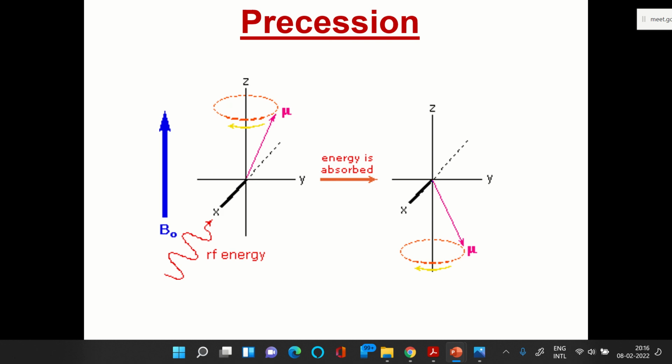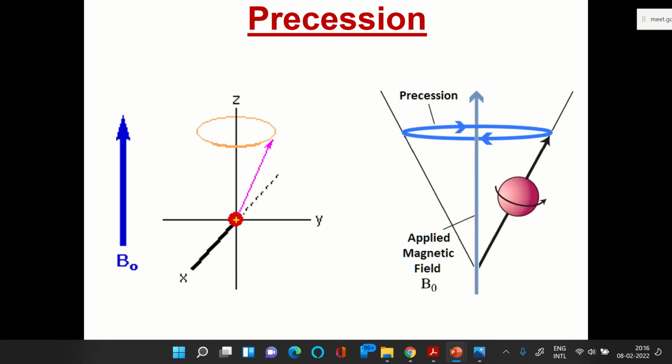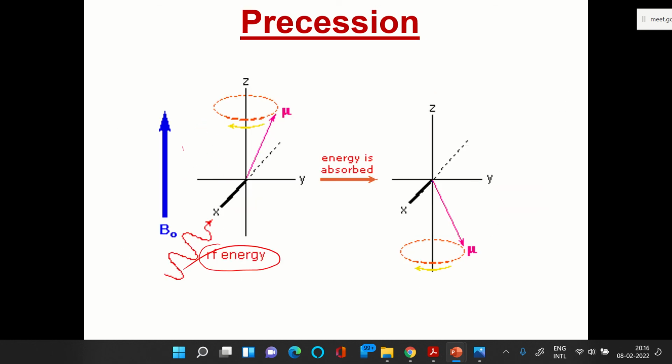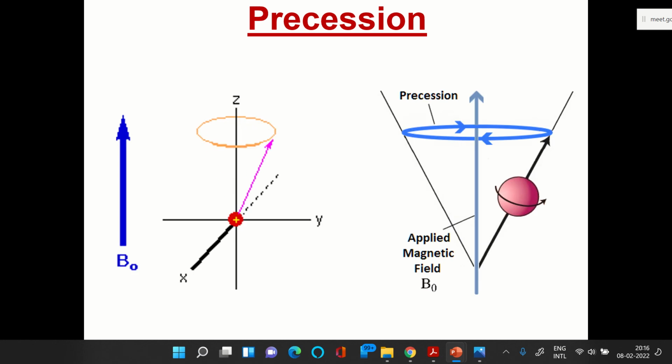And now when you provide electromagnetic energy of the right frequency, right energy, then that energy is absorbed and it gets aligned, then it is opposing the field. So it was already precessing in the same direction as the field. This is assuming you have a positive charge, as here. But imagine if instead of a positive charge you have a negative charge such as an electron.